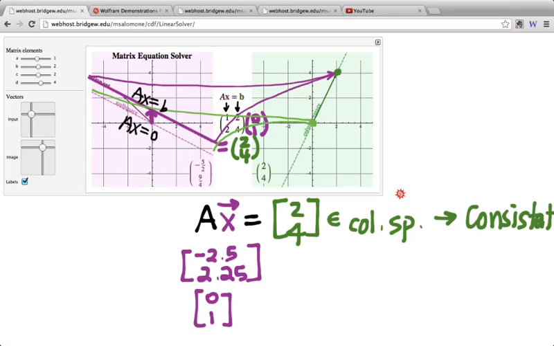So because the columns are linearly dependent, the column space is not the entirety of the xy plane. In this example, it's just a line. And because of that, we also know that solutions to the equation AX equals B, when they exist, and they only exist when B is in the column space, but when they exist, the solutions are also not unique.